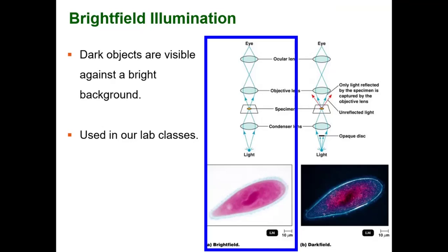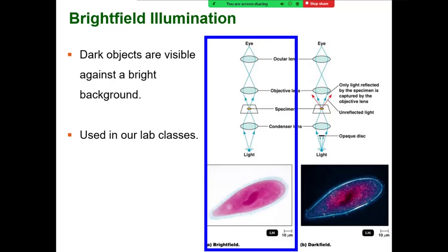Dark field illumination is something different, where we have an opaque disc between the light source, the lamp, and the specimen. The only light that we can see is a ray of light coming out of the lamp at a steep angle, so it's not being blocked by the opaque disc. When this light ray comes through the specimen, some of the light is refracted by the specimen into the objective lens.